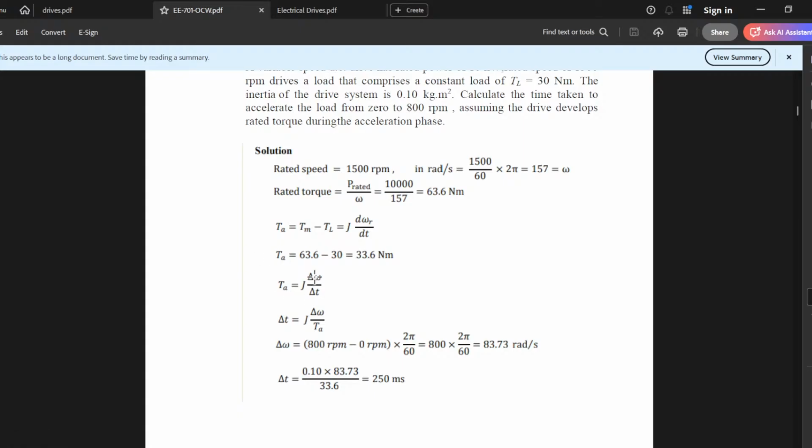And this is also equal to J delta omega by delta T. Delta omega is 800 minus 0 into 2π by 60, radian per second. So it will be 83.73 radian per second.